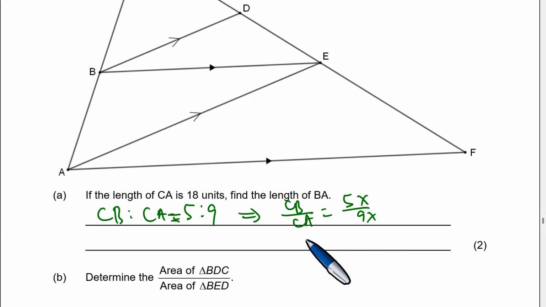But obviously you already have that CA is 18 units. So if CA is 18 units, you can find CB.